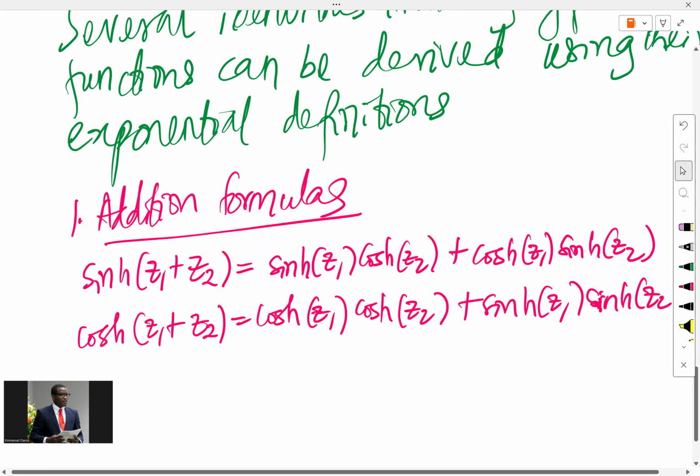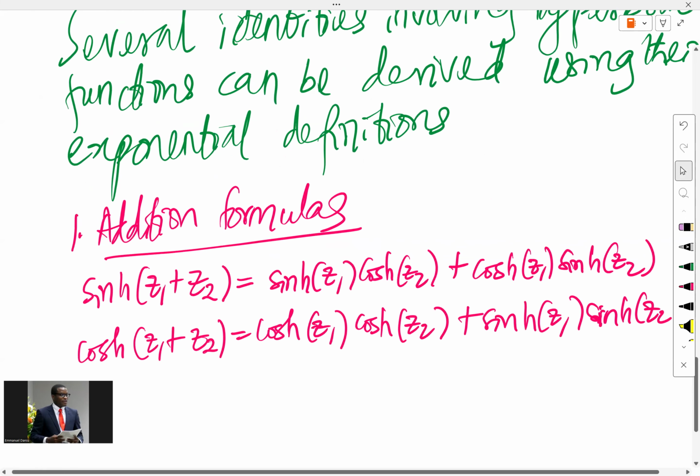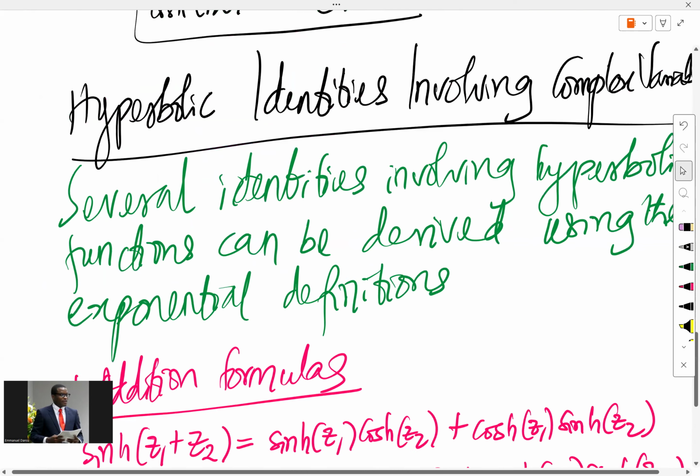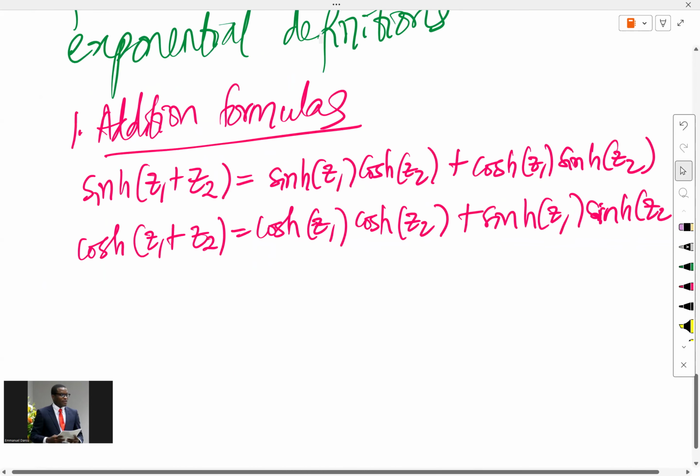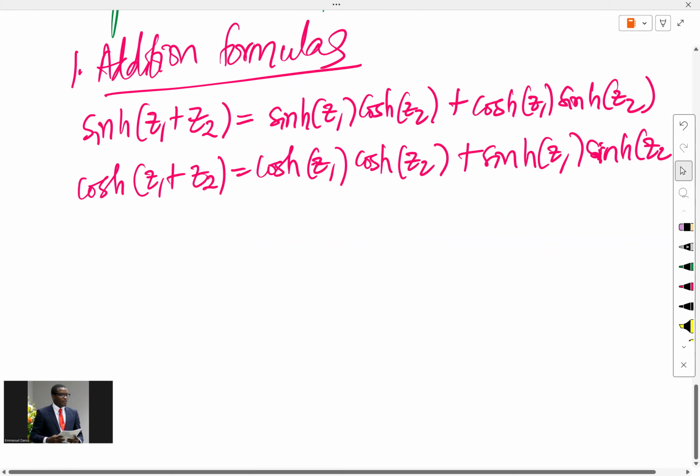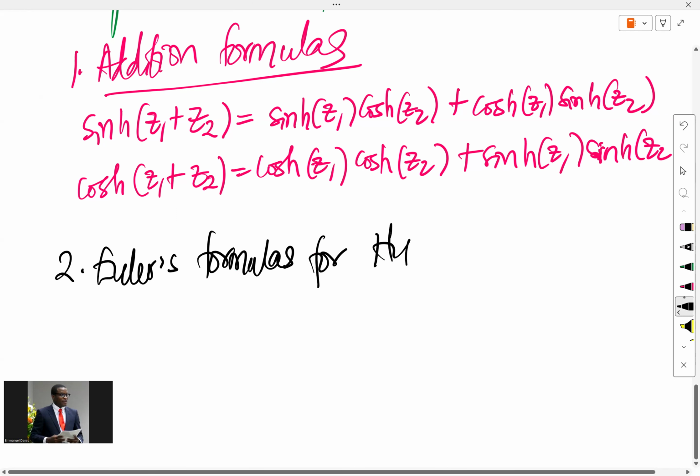So we are talking about hyperbolic identities involving complex variables, right? Having stated that, let's look at Euler's formulas for hyperbolic functions.